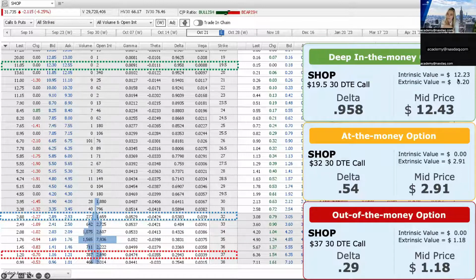The intrinsic value of that is 12.23. If it's pricing at 12.43, that means only 20 cents, that difference, is extrinsic value. So this option has lost this component, and it tells you where this is really centered.